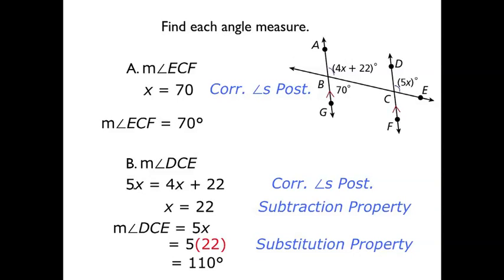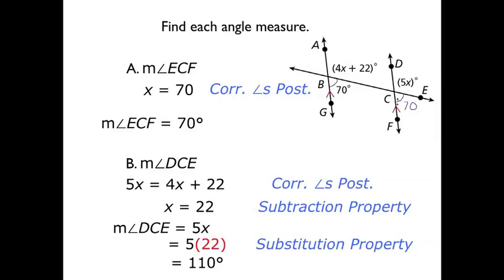Now hopefully some of you saw that there was another way that you could do this. If you look at the fact that angle CBG here is 70 from what we did in part A, and that tells us that because these lines are parallel that ECF is also 70, then we know that this line here, DF, made up of the angles DCE and ECF, forms a linear pair.